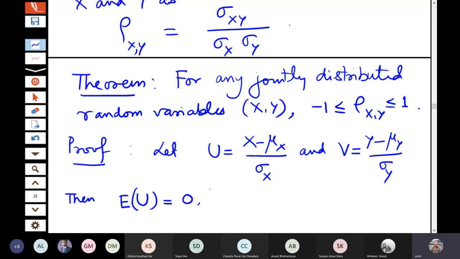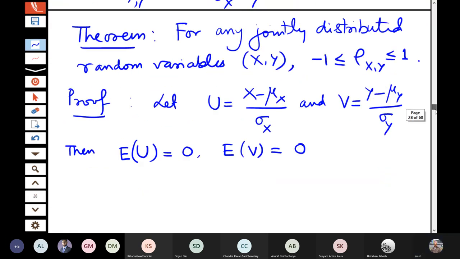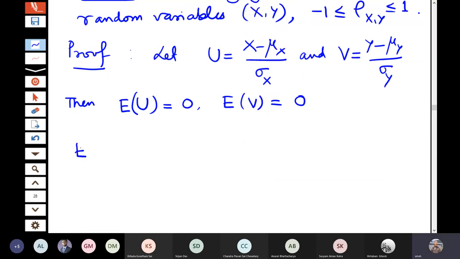That will become 0. What will be expectation of v? That will become 0. What is expectation of u square? That is expectation of x minus mu x square by sigma x square. That will become 1. What is expectation of v square? That is expectation of y minus mu y square by sigma y square. That is again 1.